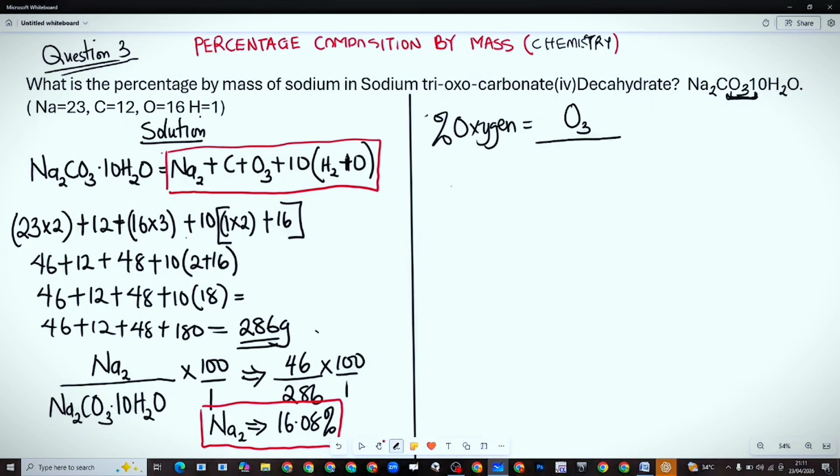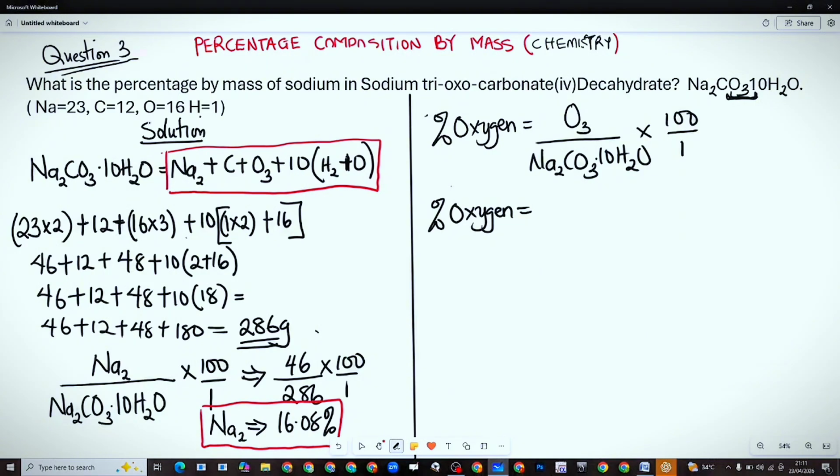over the total, that's Na2CO3 times 10H2O, times 100 over 1. So for the percentage of oxygen, what are we going to get?